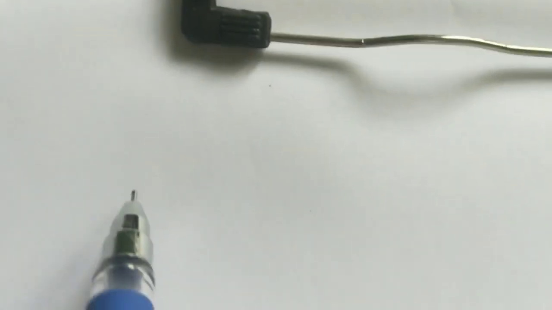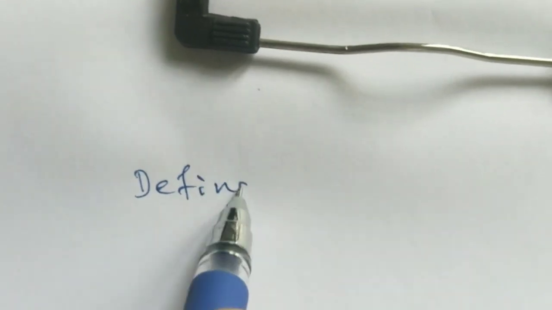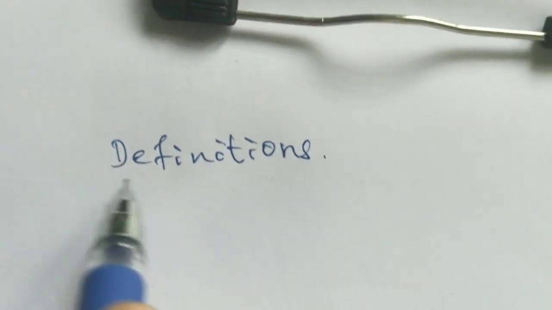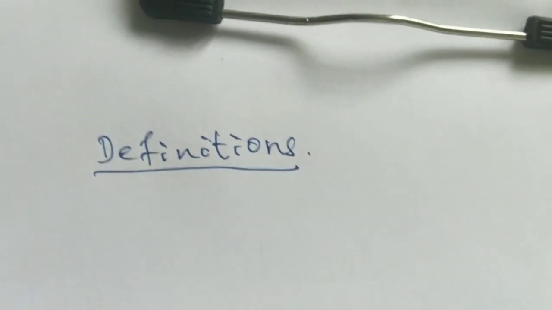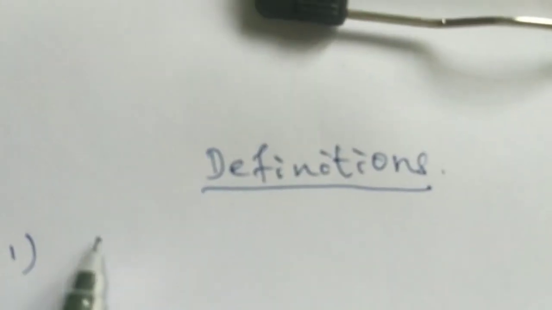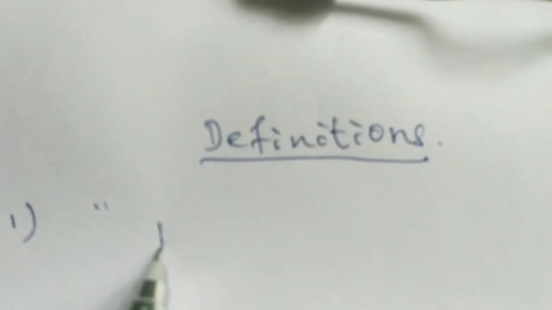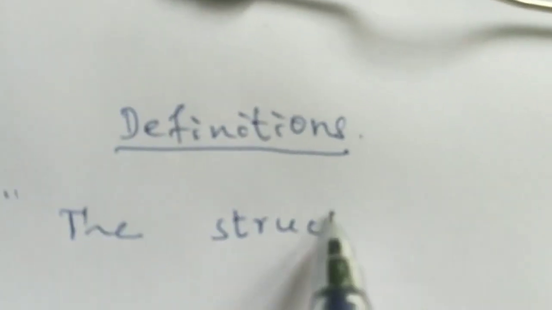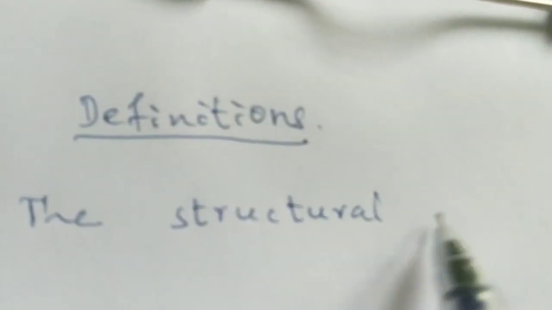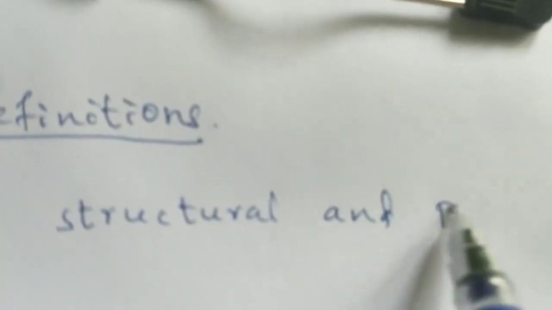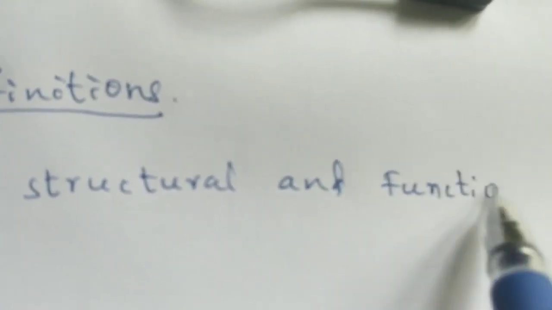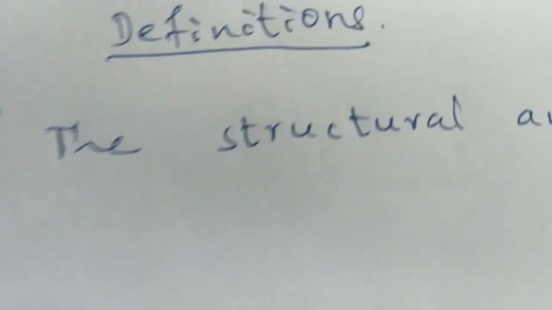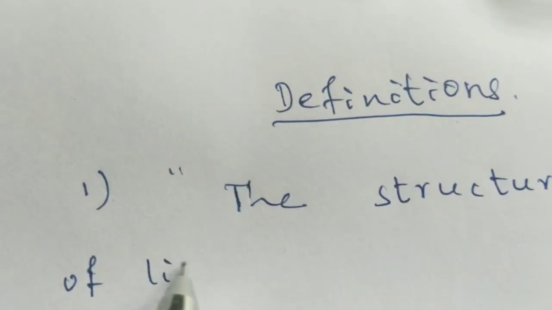We will see some definitions of cell. The first one is, the cell is defined as the structural and functional unit of life.